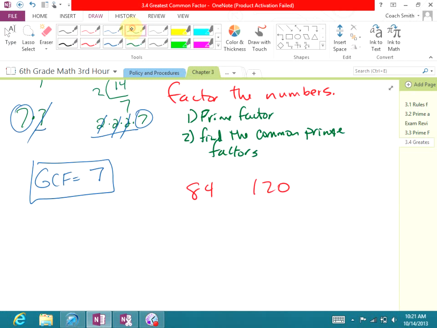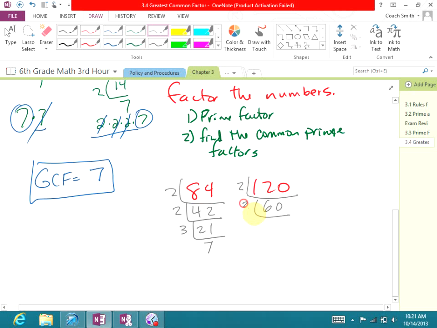Prime factor 84, you get 2, 42, 2, 21, 3, 7. We prime factor 120, 2, 60, 2, 30, 2, 15, 3, 5.